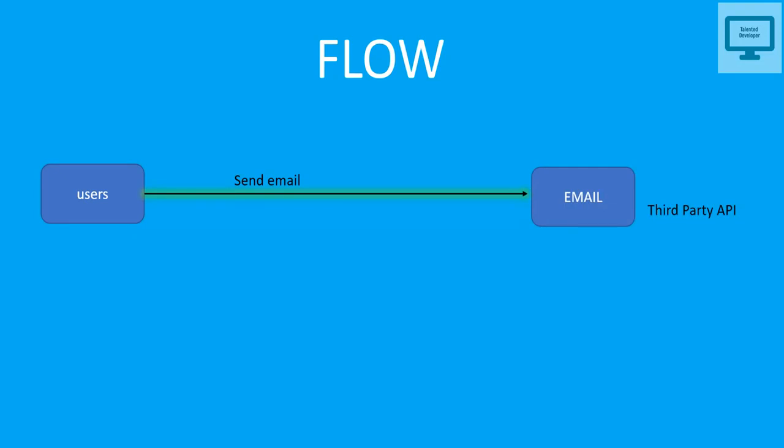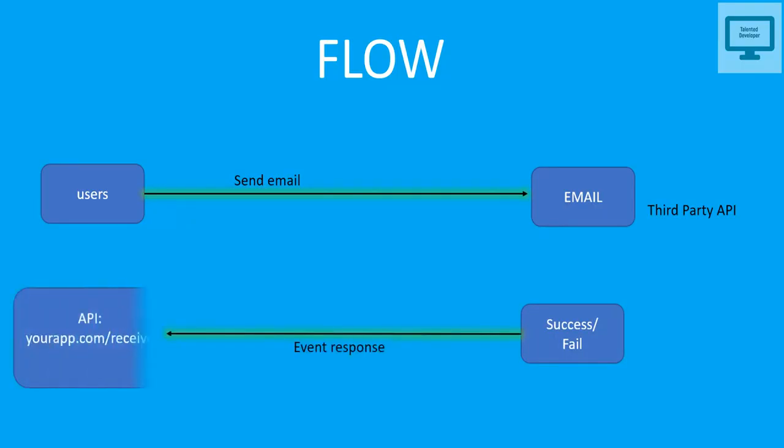In that third-party API, you have done a setting that whenever any user sends any kind of mail, that whole response, either success or fail, needs to be sent to your API. So my API is yourapp.com/receive. Whenever any user sends an email, I need that whole response to my API. That might be GET or POST, whatever you want to do.